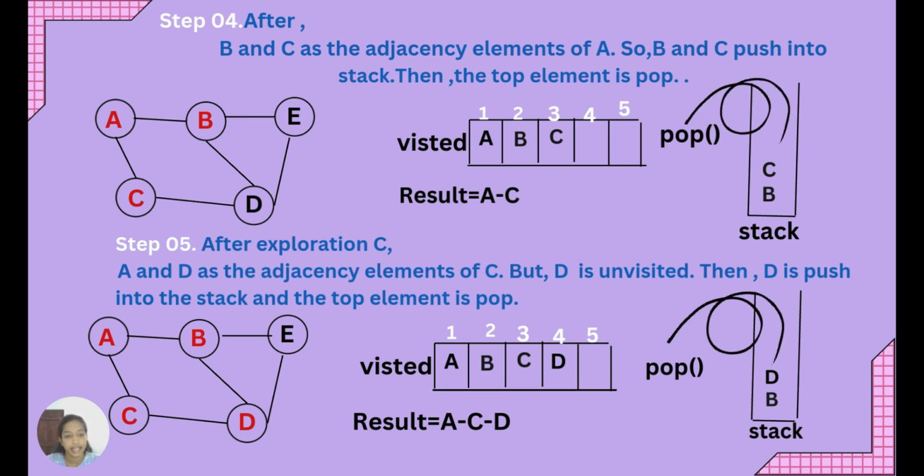Result is A and C. Step 5, after exploration of C, A and D are the adjacency elements of C, but D is unvisited. Then D is pushed into the stack and the top element is popped. So visited array A, C, D. Result is A, C, D.